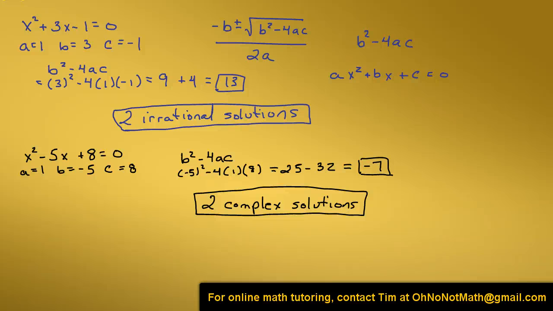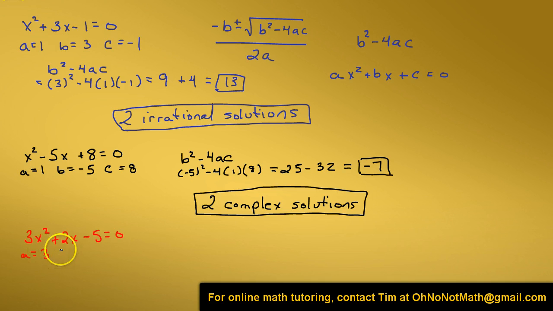Let's do 3x squared plus 2x minus 5 equals 0.